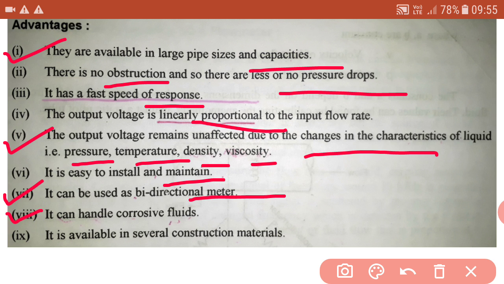It can handle corrosive fluids. In some types of meter corrosive fluids are not allowed, but in this case we can use corrosive fluids. It is available in several construction materials. So we have choices. Okay. So this is also an advantage.